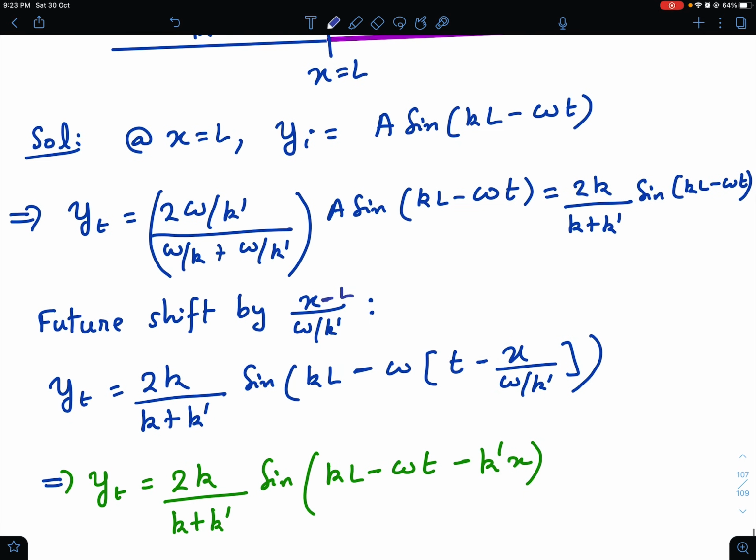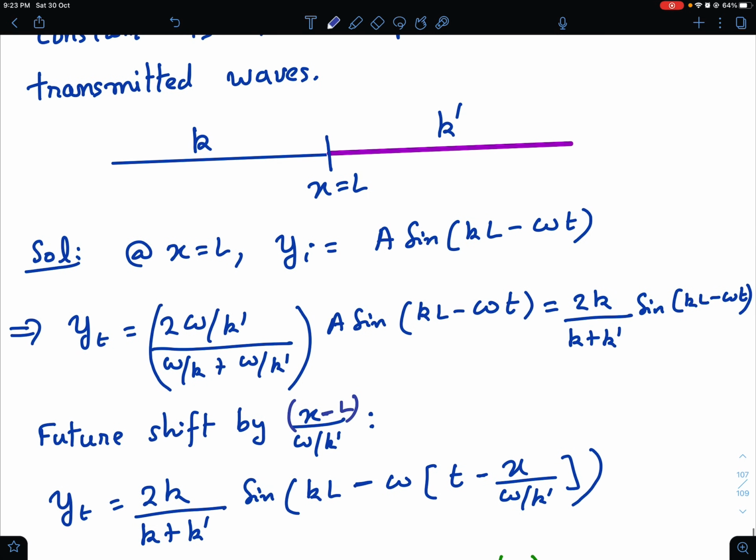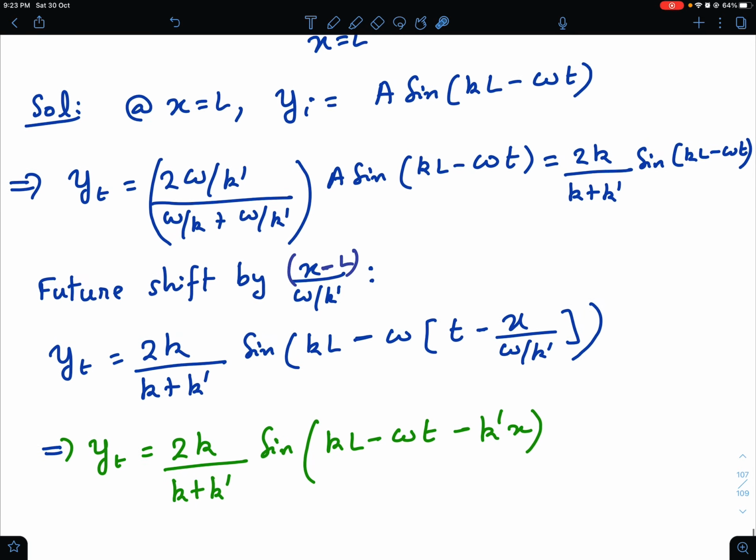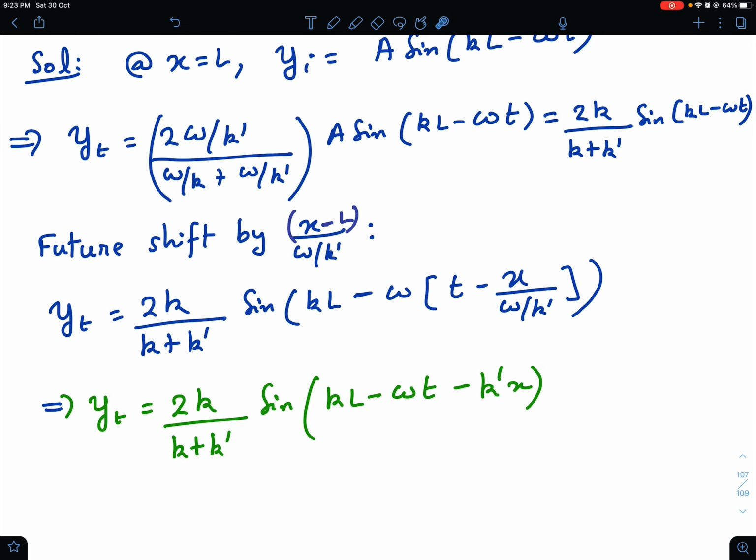Let me use the same color pen. x minus L upon omega by k prime, because this distance is x minus L and not x. So the future shift should be happening by this amount. And accordingly here also you have to put t minus x minus L upon omega by k prime, right?